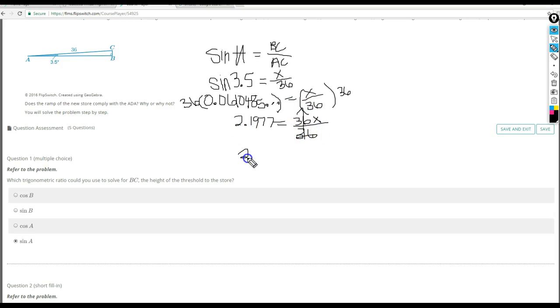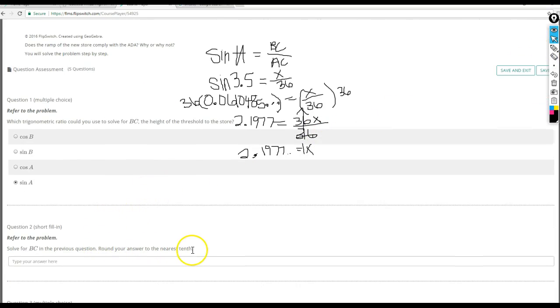So then we are left with 2.1977 is equal to 1x. In math, 1x is often just written as x. So we have x equals 2.1977. So that is our side length for BC.